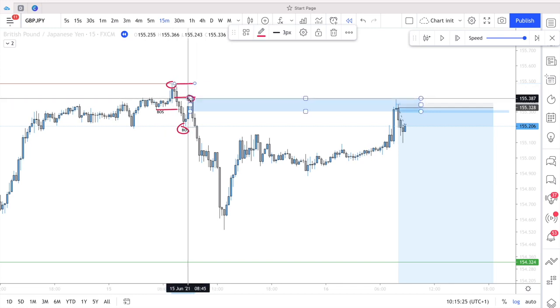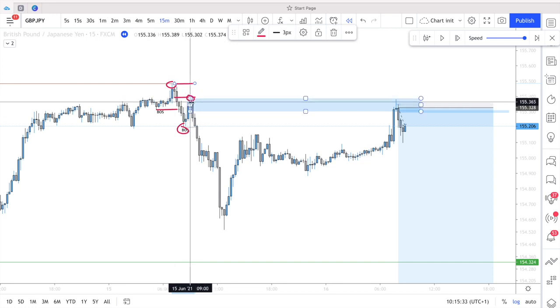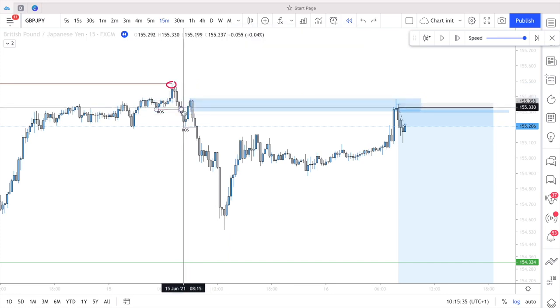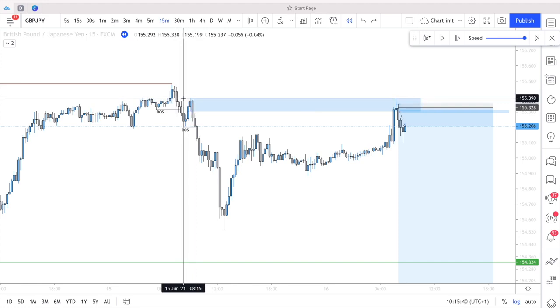When you have this situation here, we don't know if it's actually mitigated something or not unless you investigate it. But for me, when I was looking through it, it didn't really mitigate something that was significant. If it touched this wick, which it didn't, then we can safely say our point of validation is here.